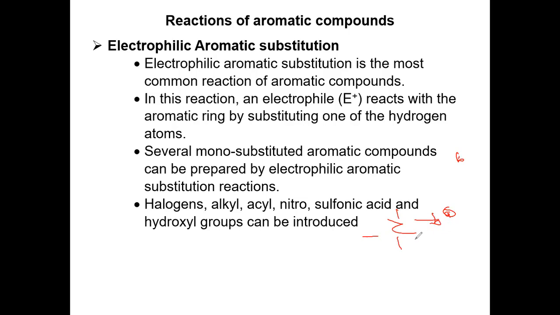Now, in this case, always what we remove is a hydrogen. So the net loss will be a hydrogen, and the net gain will be the addition of either a halogen, an alkyl group, an acyl group, a nitro group, a sulfonic acid functional group, or a hydroxyl group. So that is what we are doing in this reaction, right?